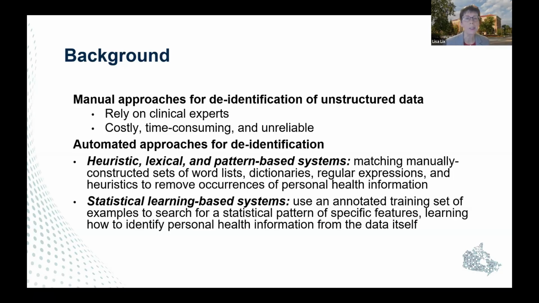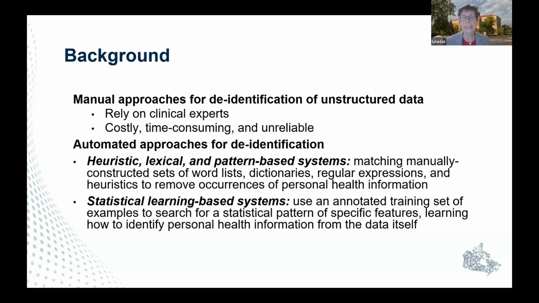So there's an advantage to looking at automated approaches that can be used for de-identification of unstructured data. And so certainly we could use something that's very much a heuristic approach, or some kind of pattern-based system where we develop manually constructed lists of words.